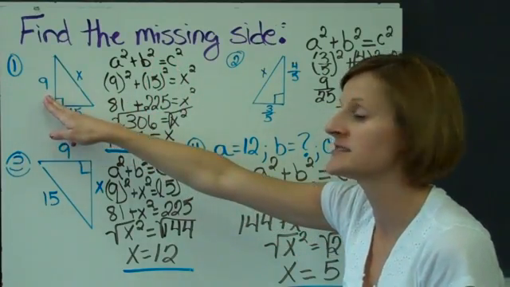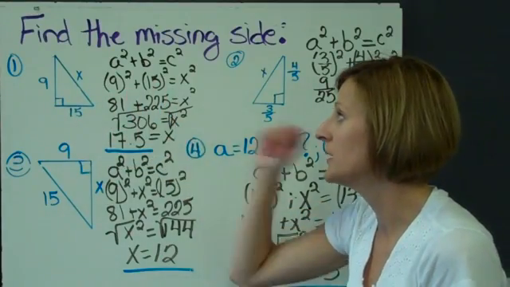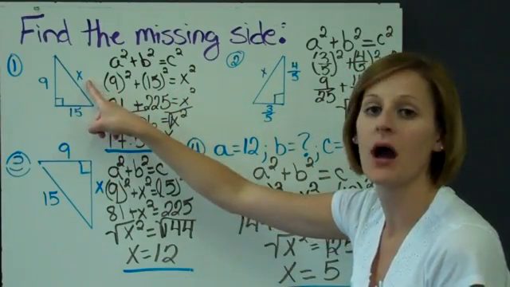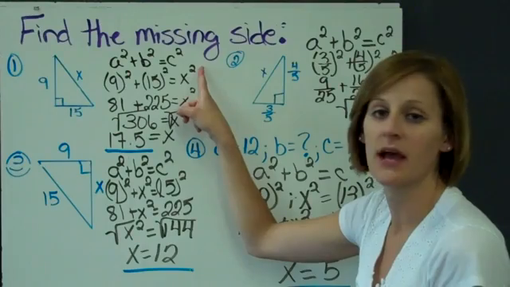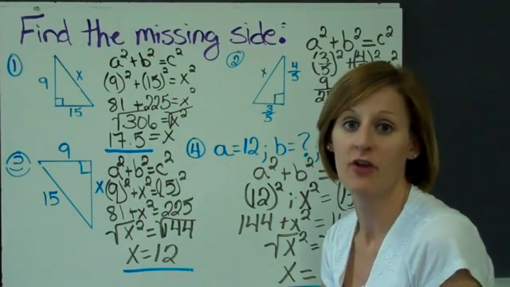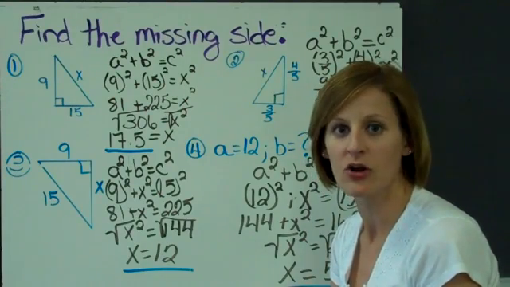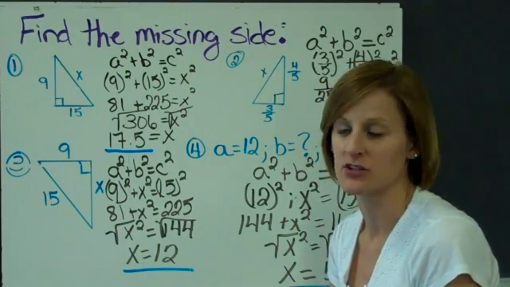My a is 9, my b is 15. I need to square each one and then set it equal to my hypotenuse squared, which is x squared. You can put in 9 for a, or you can put in 15 for a. It doesn't matter. It's going to give you the same answer.